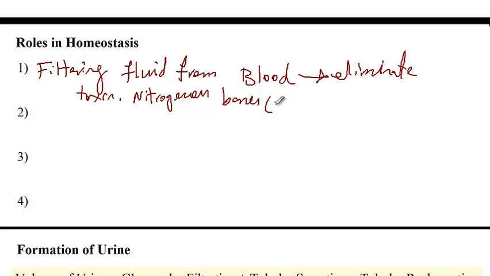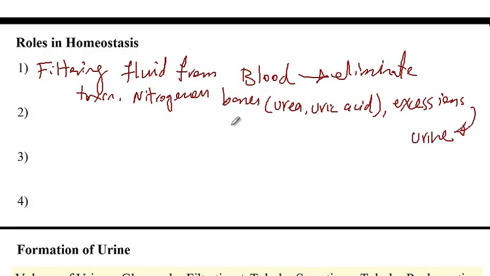These are being excreted as urea, uric acid, or creatinine, and also excess ions will be secreted in the form of urine.